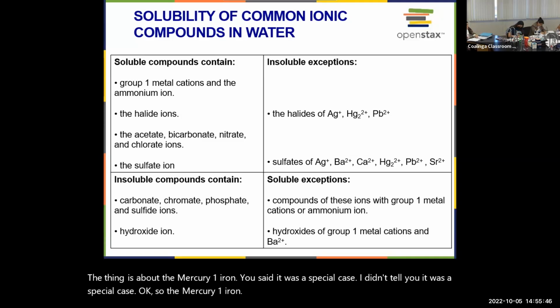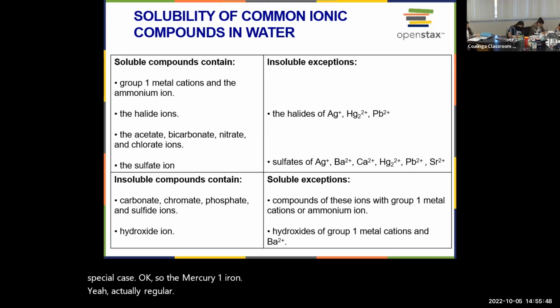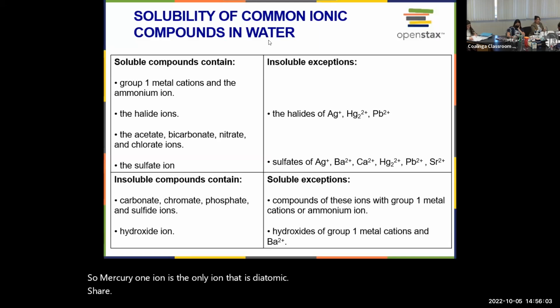I'll actually write it. So mercury 1 ion is the only ion that is diatomic. So it's going to be written as Hg2 2+.